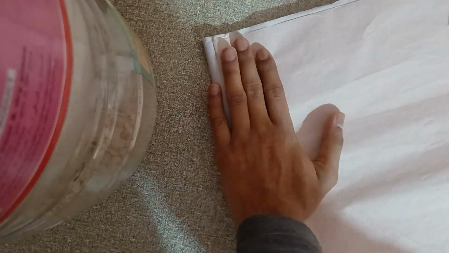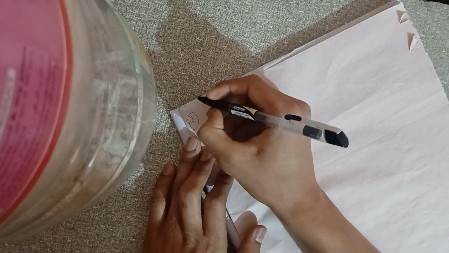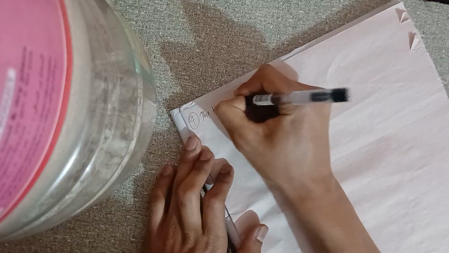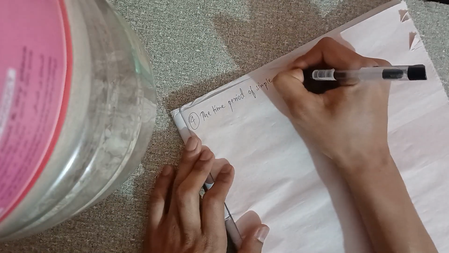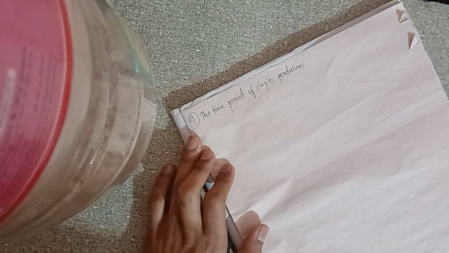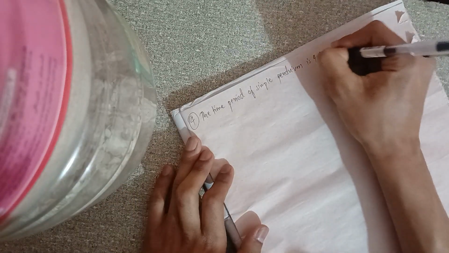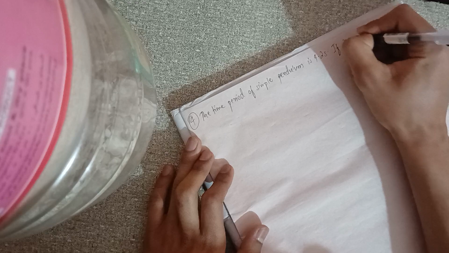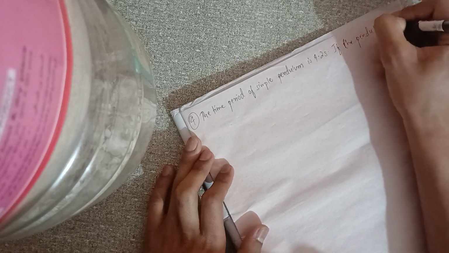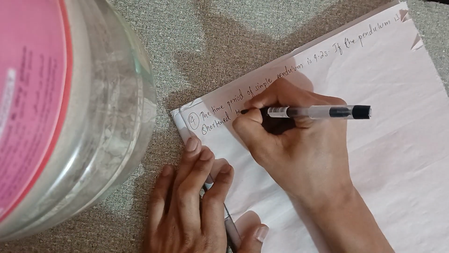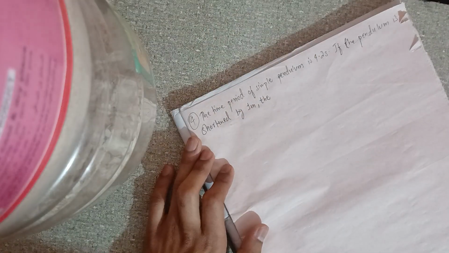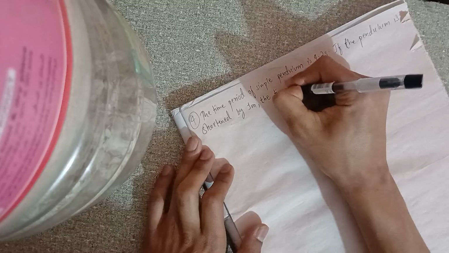Now we go to question number 4. Let me write down the question. Question number 4: The time period of a simple pendulum is 4.2 seconds. If the pendulum is shortened by 1 meter, the time period will be 3.7 seconds.